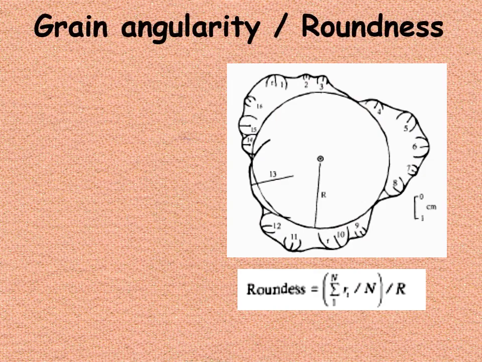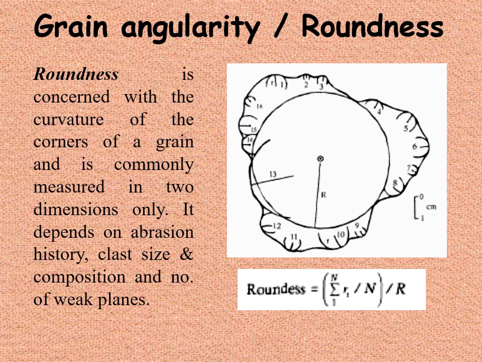Second property, that is known as grain angularity, or in another term, grain roundness. Basically, these are two opposite meaning terminologies. So angularity and roundness are not the same.